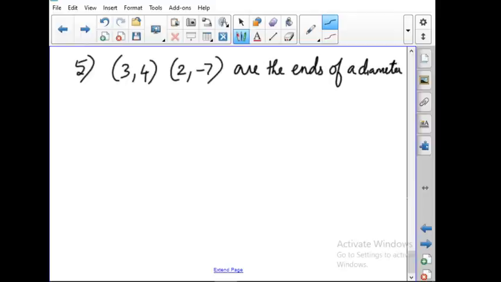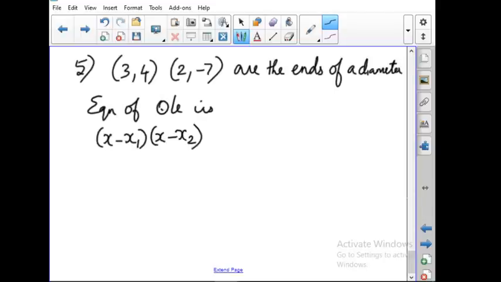So when the diameter ends are given, the equation of the circle is (x minus x1) into (x minus x2) plus (y minus y1) into (y minus y2) is equal to 0. There is a theorem to prove this formula in your book. So let us take only the formula to apply for this. We are having the two extremities of the diameter.